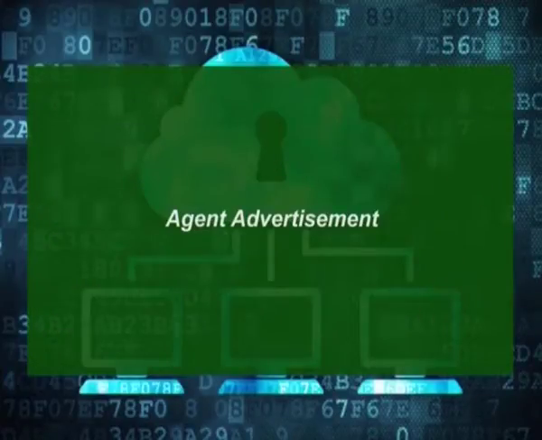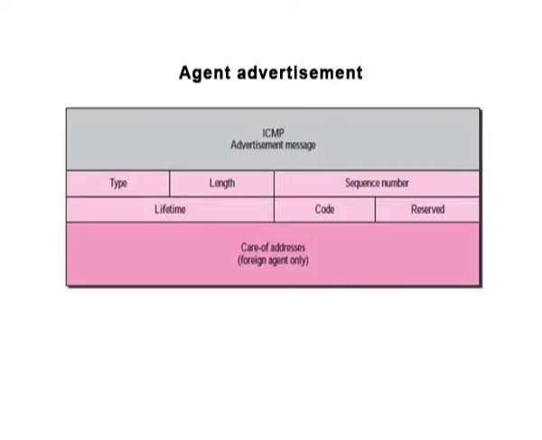Agent advertisement. When a router advertises its presence on a network using an ICMP router advertisement, it can append an agent advertisement to the packet if it acts as an agent. The figure shows how an agent advertisement is piggybacked to the router advertisement packet. The field descriptions shown in the figure are as follows.